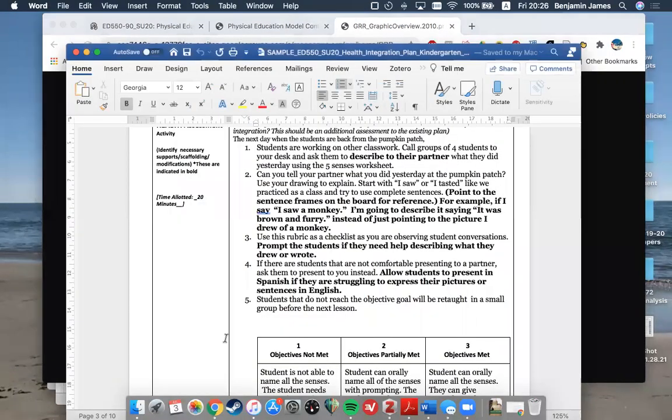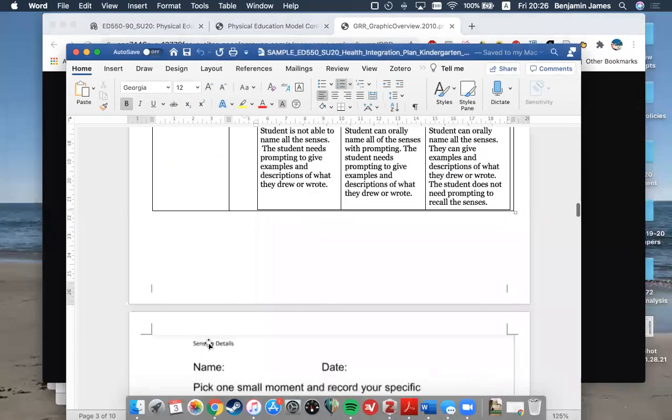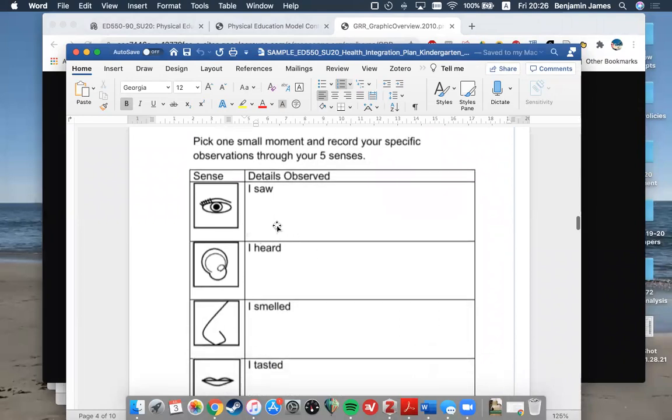I would say this assessment could be improved if it was an additional activity. For me, they're not really... just reading off and remembering is fine. And they can name the senses, but maybe if the student is able to read, that might be a kind of giveaway with this assessment.